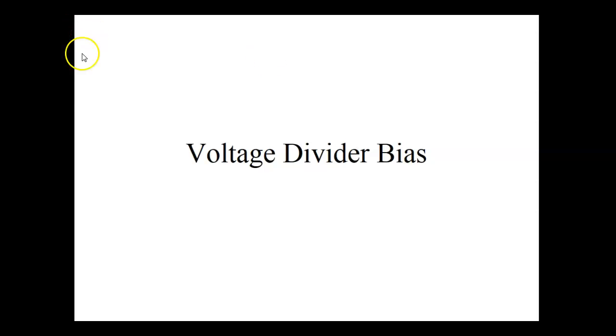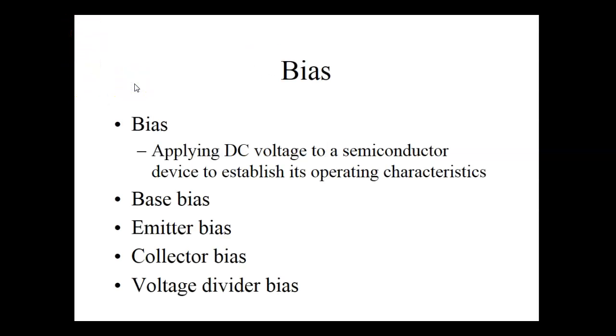So bias is a DC voltage we apply to semiconductors to establish how they operate. We have two basic biases: forward bias and reverse bias. Regarding transistors, we have two types: FET and bipolar junction transistors, which are still very popular according to the amount of power they can handle.